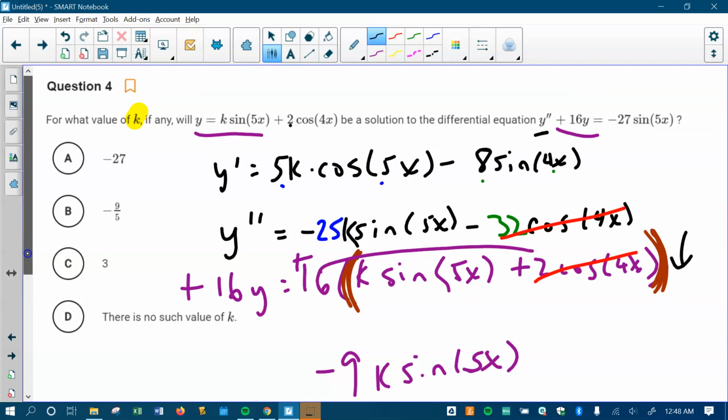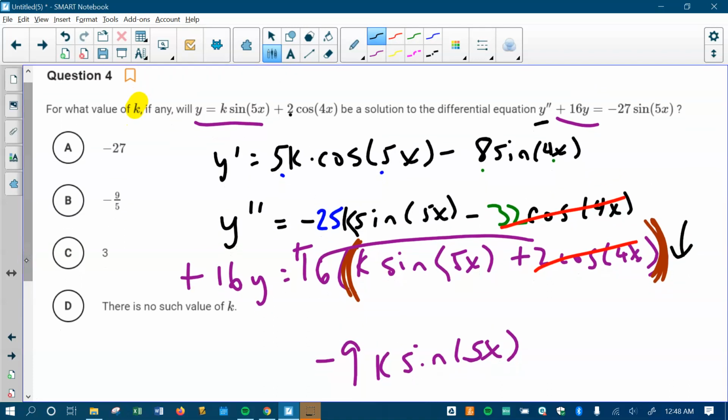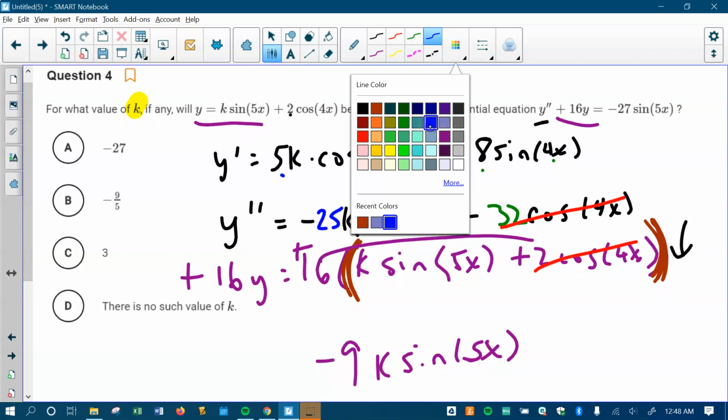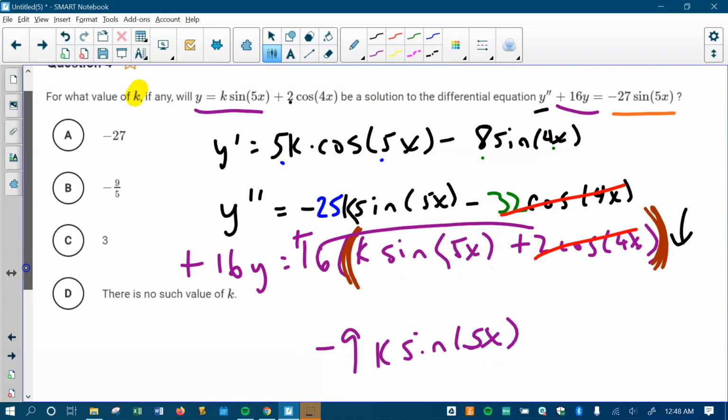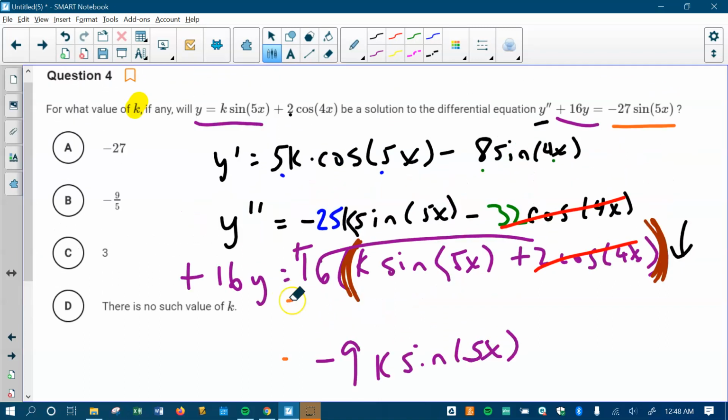The other side of the equation is what was given to you. Negative 27. Let's use a fun color. So now let's set this equal to negative 27 sine of 5x.